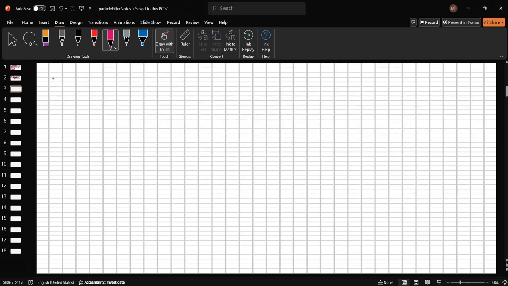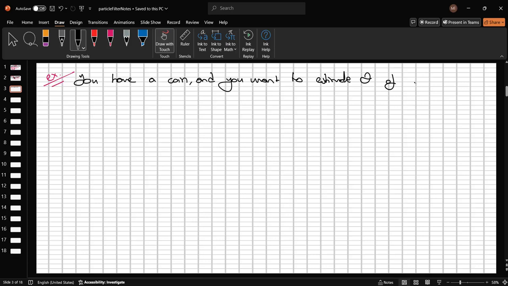Let's create an example just like this one. You have a coin and you want to estimate the theta value of it, which represents landing heads.